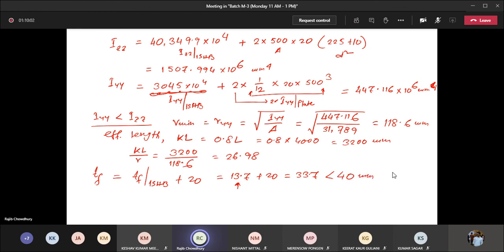less than 40 mm as per IS. So it belongs to a buckling class, therefore it belongs to buckling class C, which was assumed, and for buckling about YY axis.